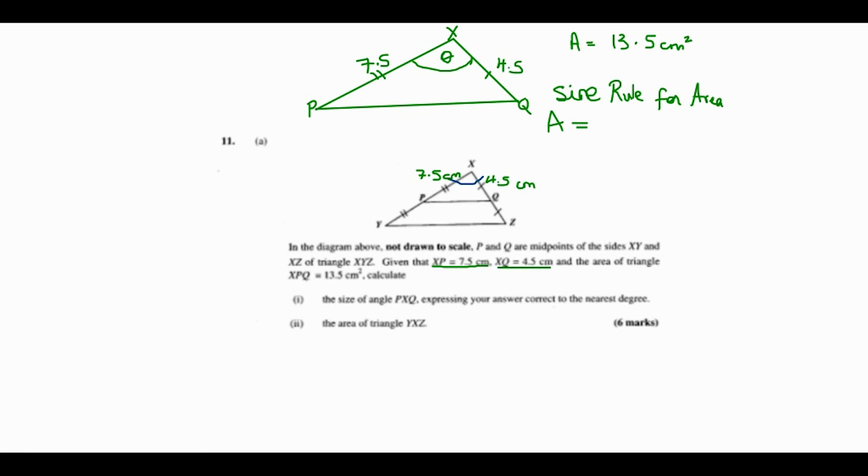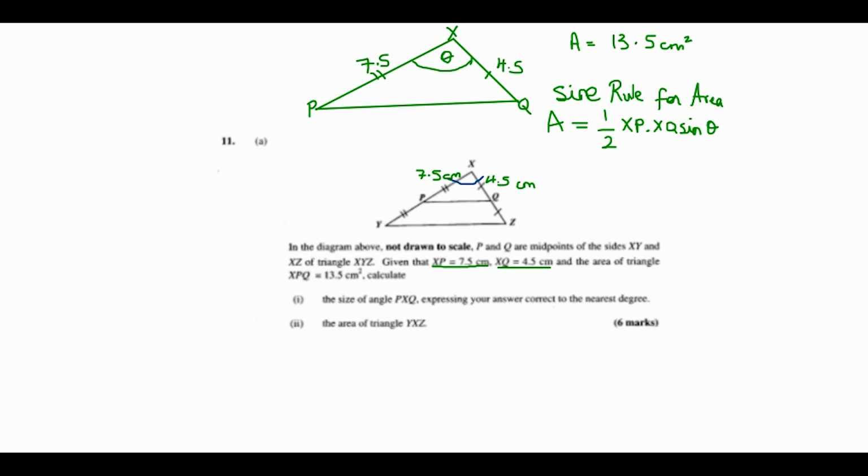So this is the reason I'm going to use my sine rule here, and the area is given by a half. If I apply it to my triangle here, it will be a half times the length of XP by the length of XQ by the sine of the included angle theta, right? So I have the length of XP, I have the length of XQ, I also have the area.